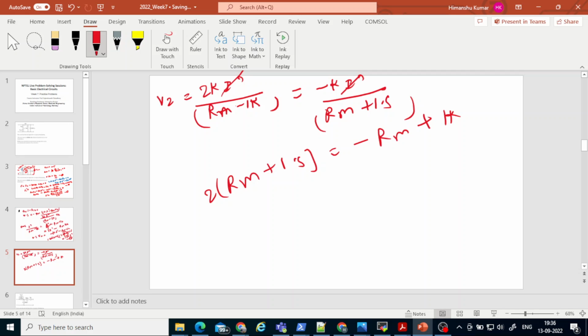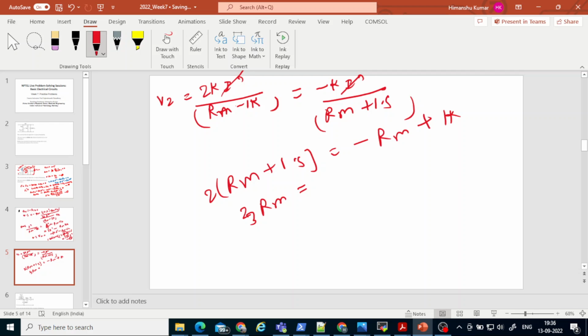So it has become 2 times Rm plus 3, this 3 goes to the right side, and it is coming out to be negative.